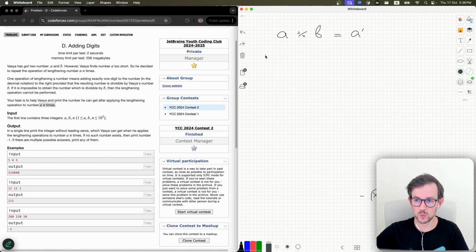Now, what's happening when we add some digit to the end? We have some number A, and we add some digit x here. Let's remove this so I don't have a conflict of variables. If I add digit x here, my next number will be 10 multiplied by A plus x.